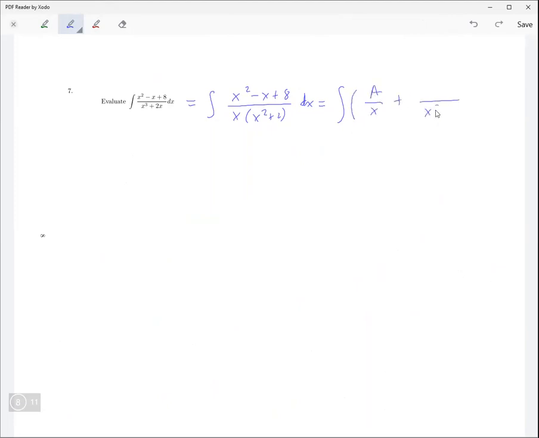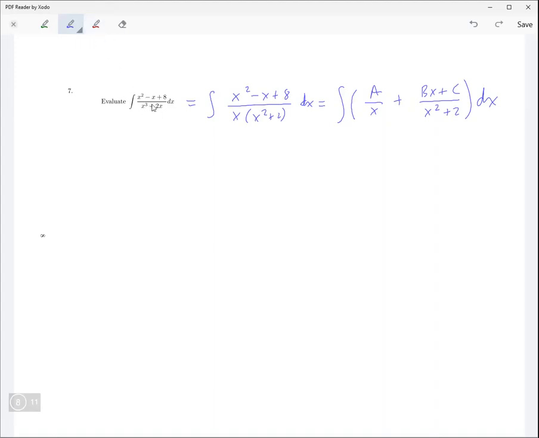And then for the irreducible quadratic, because you can't factor this any further over the real numbers, well, over rational numbers, I'm sorry, you have to have a Bx plus C.